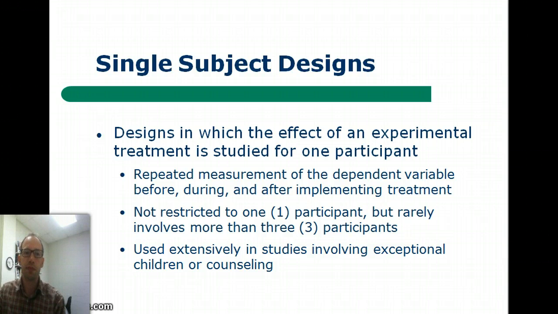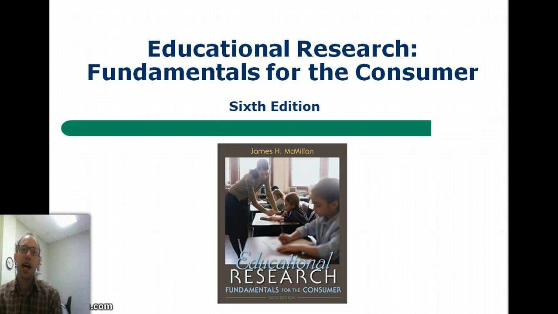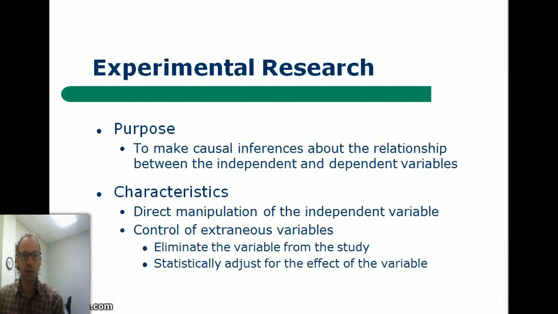Sorry, wrong slide there. But there was the causal comparative option where you use some pretty heavy statistics to try to balance the groups. Whereas experimental, we're really looking for, does this treatment cause some kind of outcome? Okay, so let's go ahead and jump in.